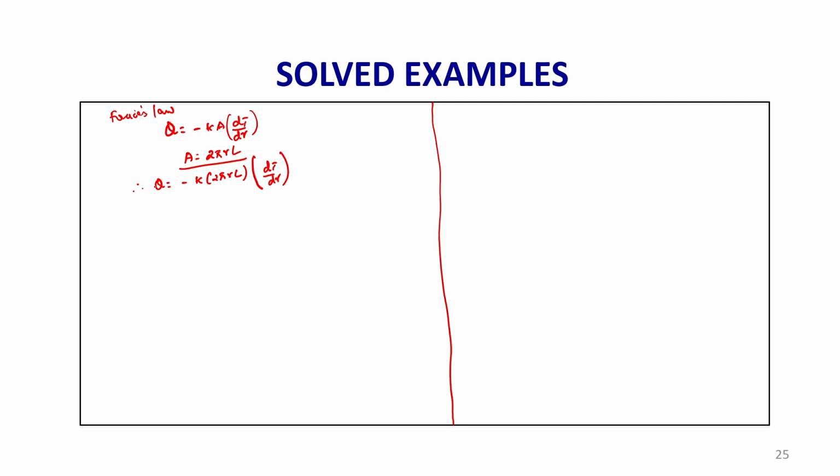Let me put the bracket clearly. Bring this dr term to the left side, Q into dr, and this r term also, divided by r, is equal to minus 2 pi kl into dt.